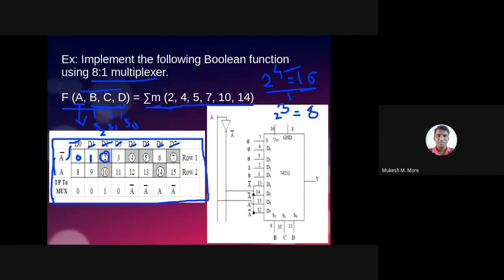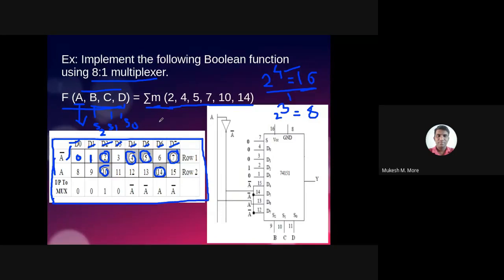The question has 4, circle this 4. The question has 5, circle this 5. The question has 7, circle it. 10, circle, and 14, circle. So we have covered all the minterms of the question.